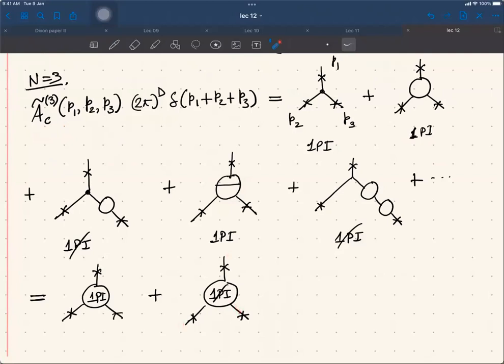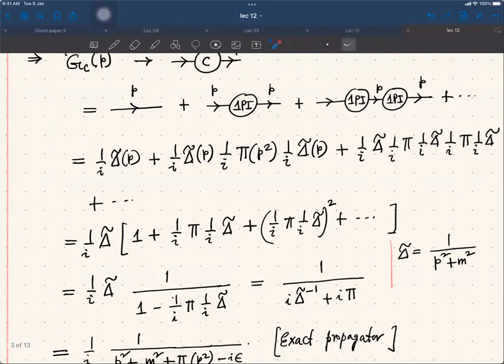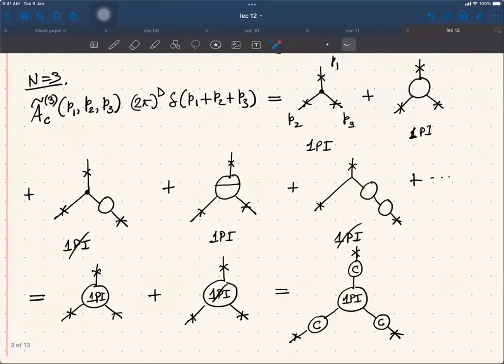So that means when you add all of them, it must look like this, where this is the 3-point 1 pi and this is the connected 2-point function that we just calculated here. Let's now continue with the second one.